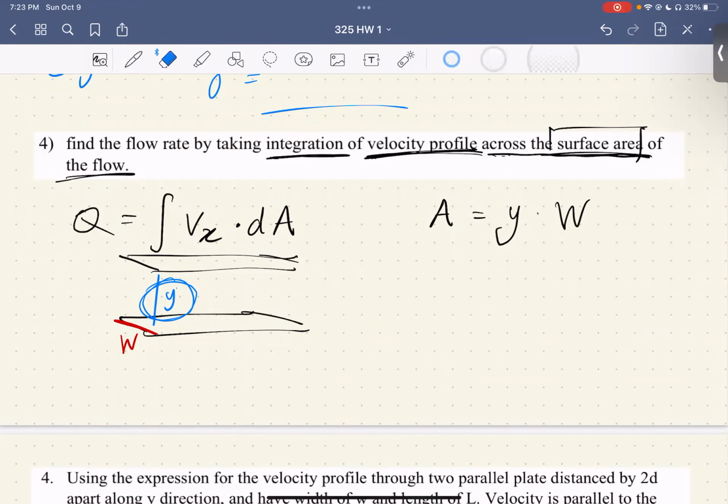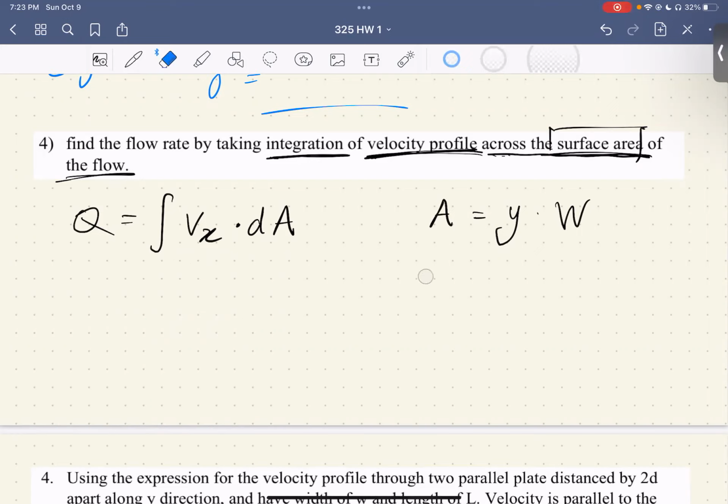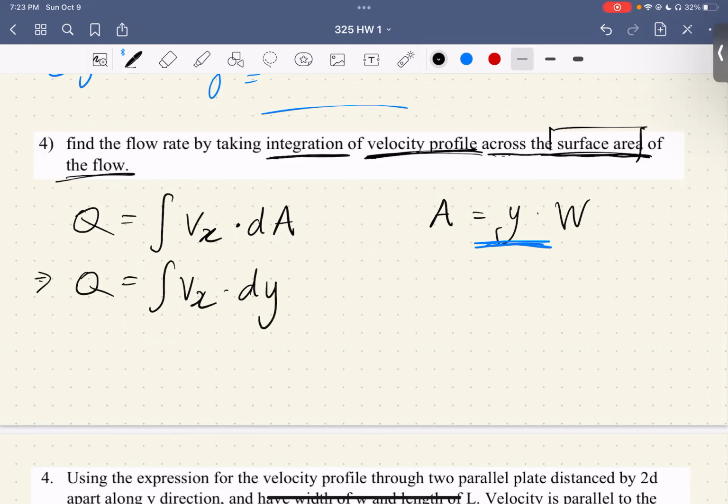So let's just erase this right over here. We know that it changes and actually impacts the flow. So let's just keep writing it. Q equals the integral of Vx times dy times W, because it's the y component that's changing.